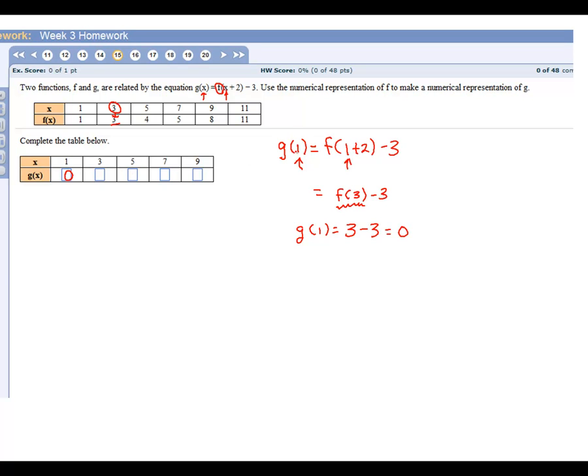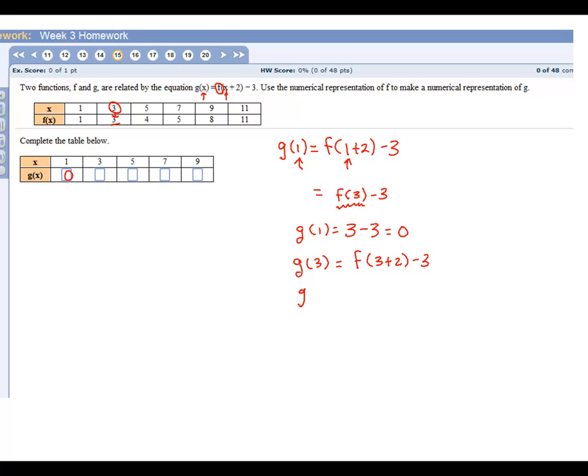So you see, the way we determine the values for the function g is by using the values of f from this table. So again, a real quick example, our next value of x is 3. So g of 3 would be f of, putting in the x value, 3 plus 2 minus 3.